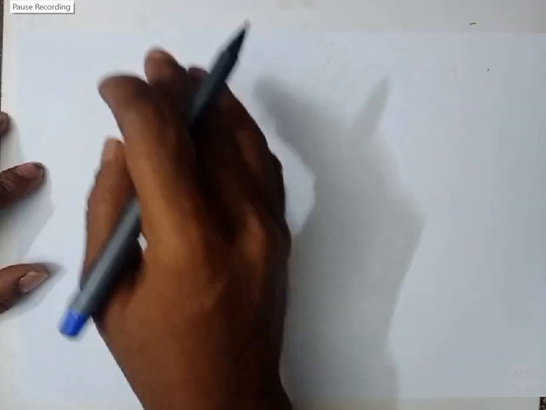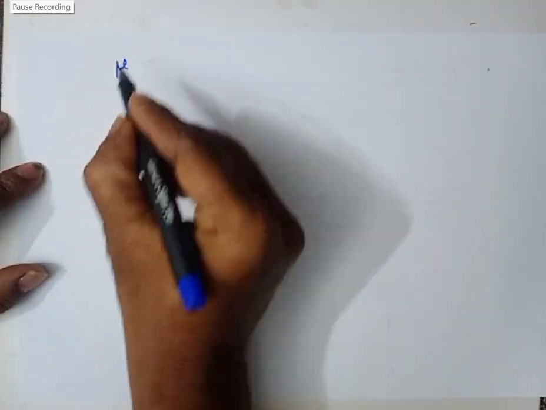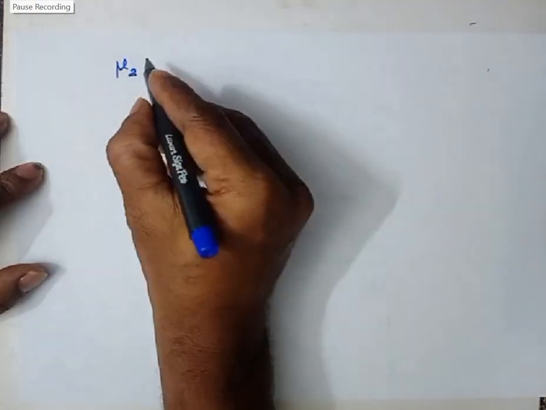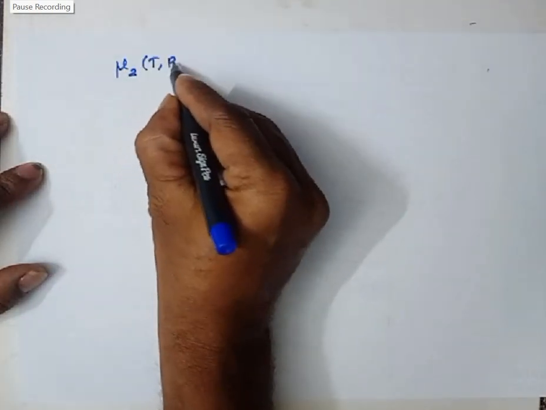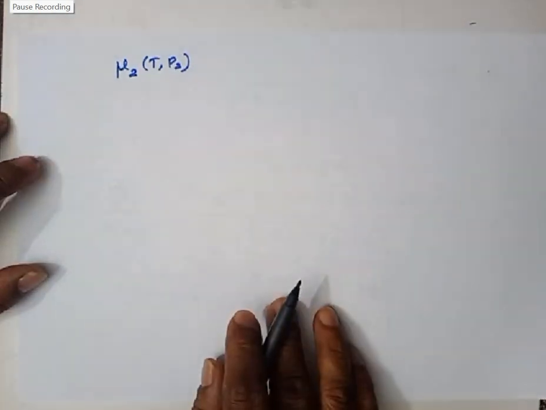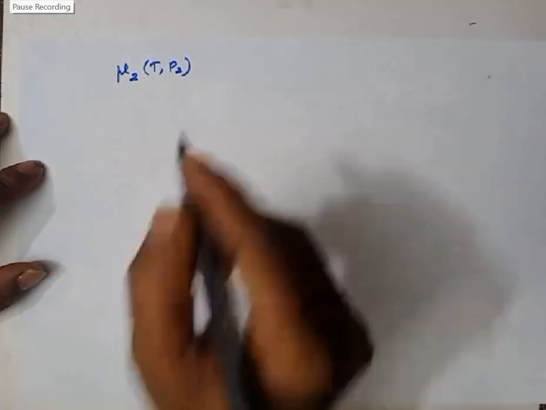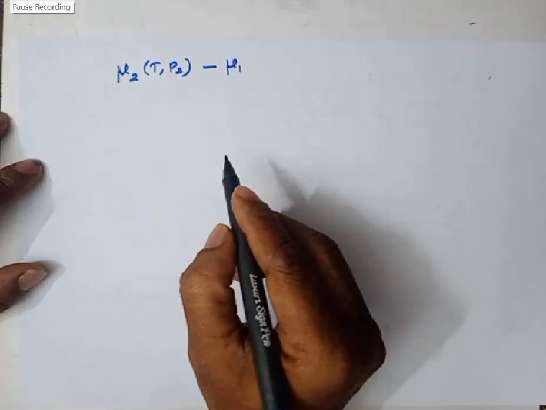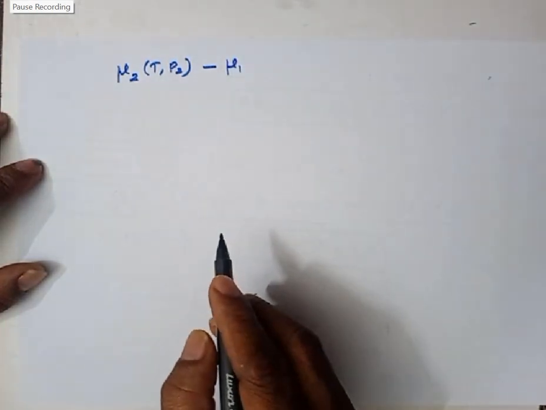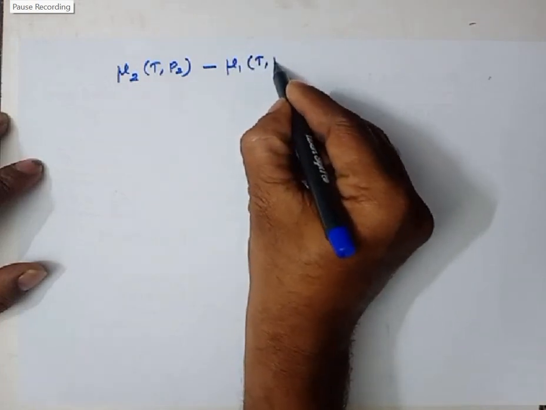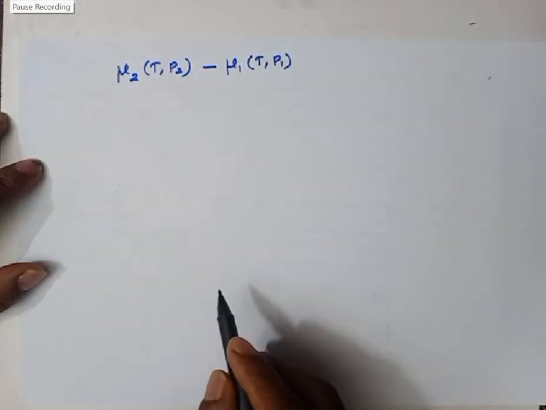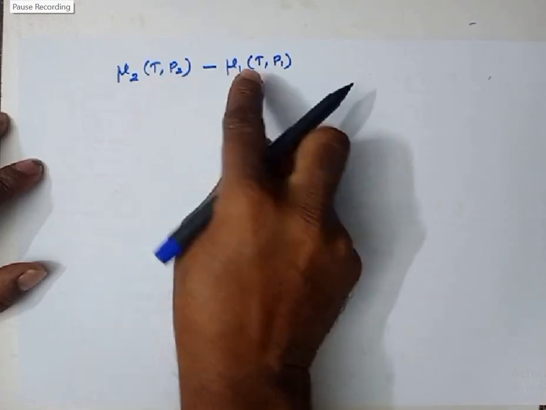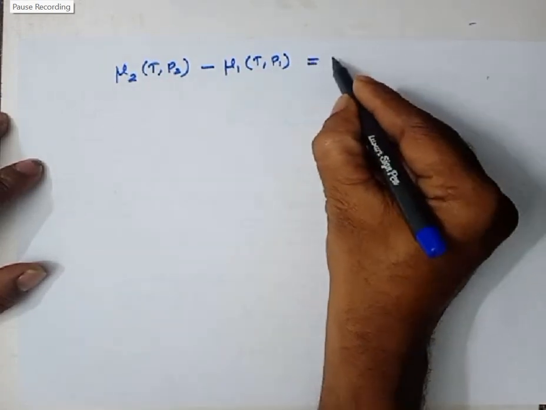Substituting upper limit and lower limit, you will get chemical potential mu2 in the final state at temperature T and at pressure P2, minus chemical potential in the initial state at temperature T and at pressure P1. This is the chemical potential in the final state, this is the chemical potential in the initial state, is equal to RT.